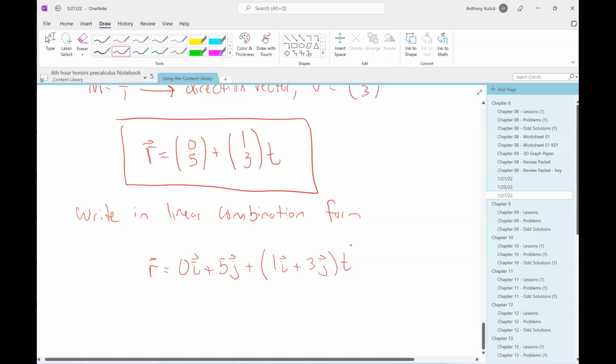Everybody feel okay with what I did there? And then what we'll do now is get the I parts together so we can factor an I off, and then the J parts together so we can factor the J off.